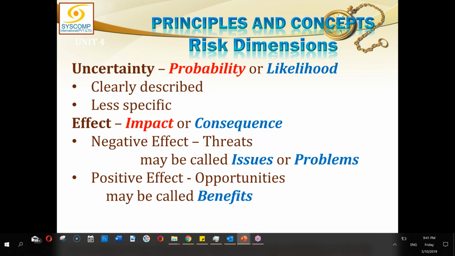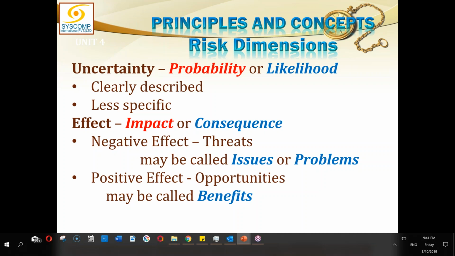And the consequences we have to bear then. As we know, risks are positive and negative. So this impact might be negative or positive, and as you understand, negative is called threats and positive is called opportunities. These threats may also ultimately be called issues or problems. When that threat materializes, it turns into issues, and later if they are not resolved, they turn into problems.